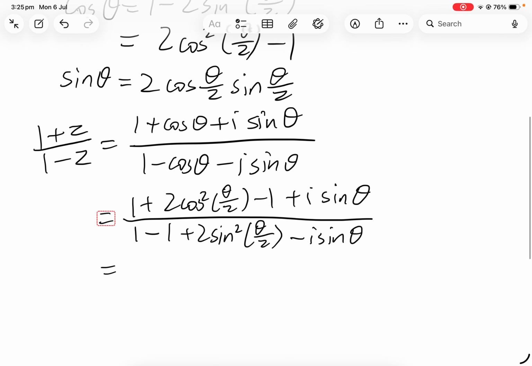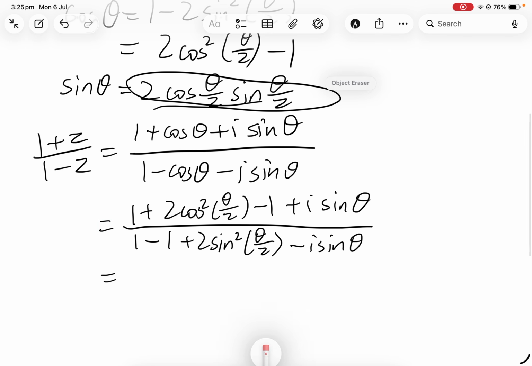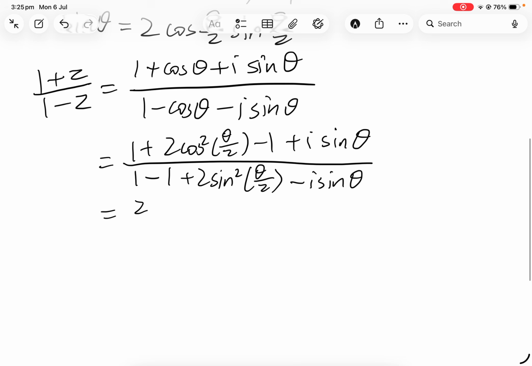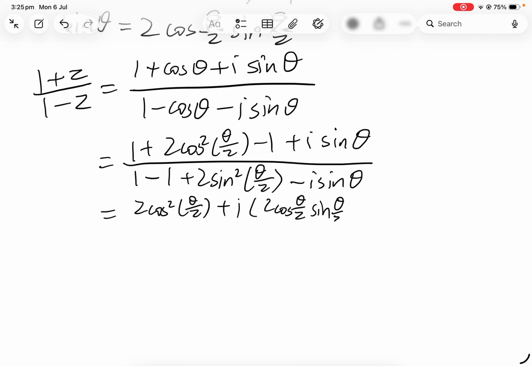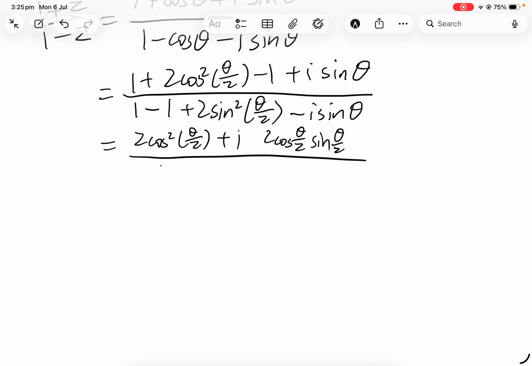We can't do anything further, so we have to substitute this in for the sine. So that makes it 2 cos squared theta over 2 plus i 2 cos theta over 2 sine theta over 2, over 2 sine squared theta over 2 minus i 2 cos theta over 2 sine theta over 2.